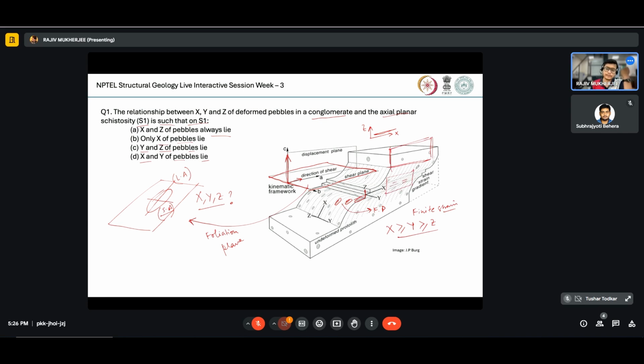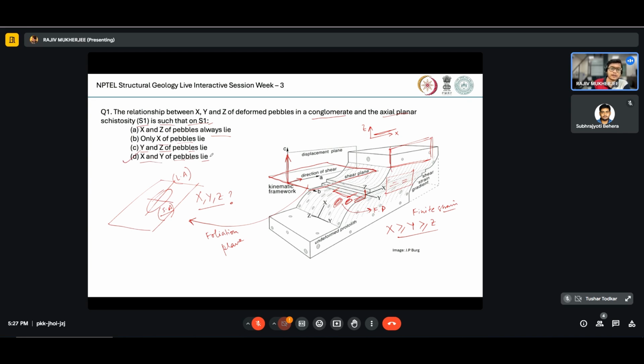And if we observe the xy plane, which is this plane, which is also parallel to the foliation plane, we will observe the planar features such as the pebbles, right? So following this diagram, we can now easily answer that the relationship between the x, y, and z of the deformed pebbles in a conglomerate and the axial planar schistosity is such that on S1, option D will be correct because x and y of pebbles lie on the S1 plane.